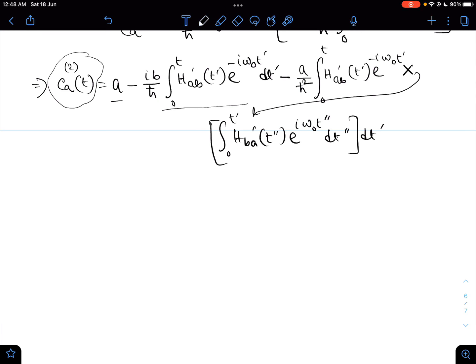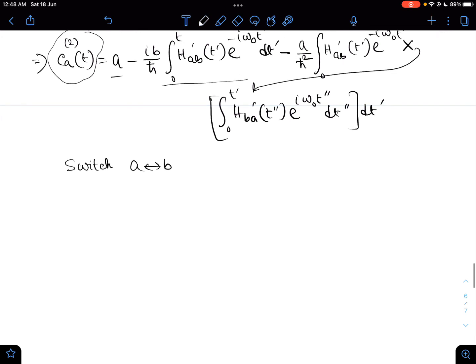Now we have to find CB. To find CB, we just have to do two things: switch A to B, and change the sign of omega 0.